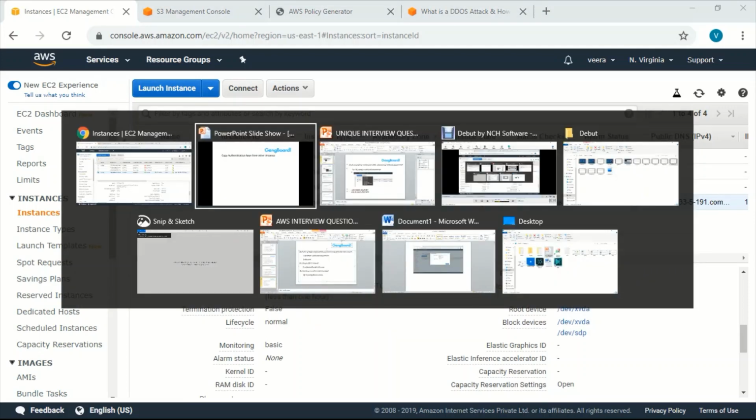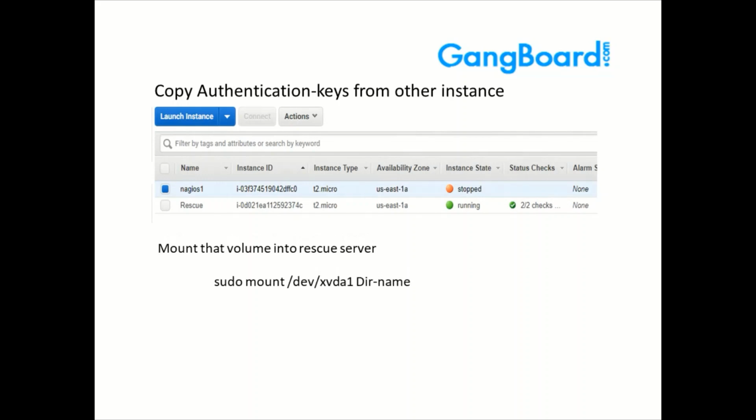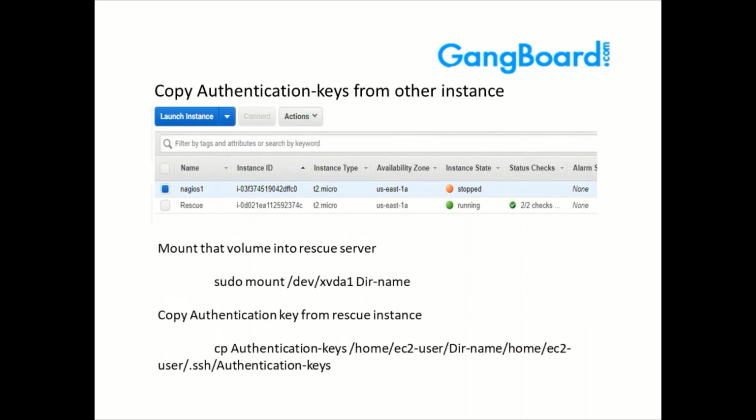So by using this copy command, cp authentication keys to /home/ec2-user, where home and ec2-user is the destination, which is our Nagios server's EBS volume, copy the authentication keys from there to here. So now you can attach this EBS volume and then connect to our server.